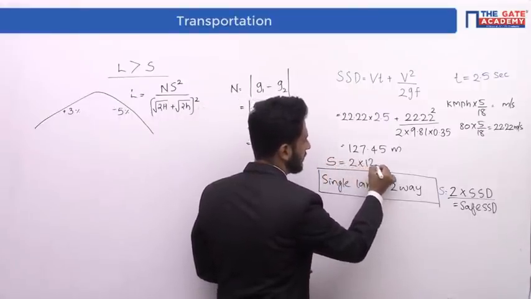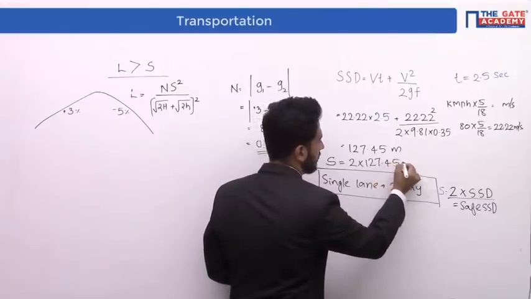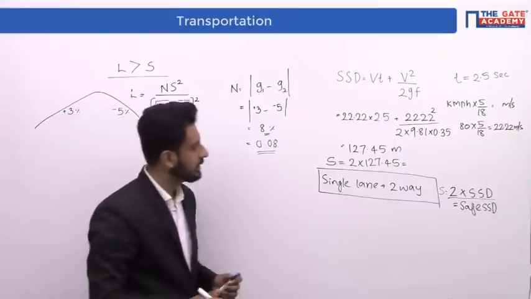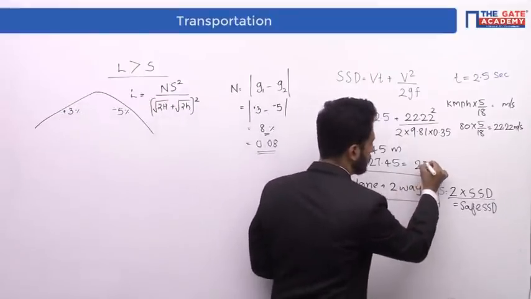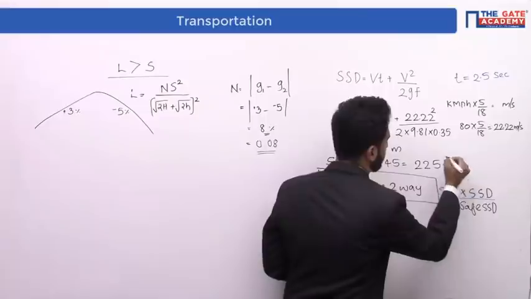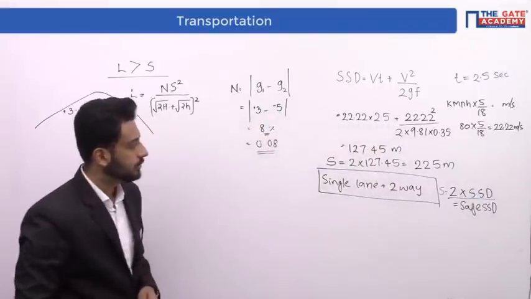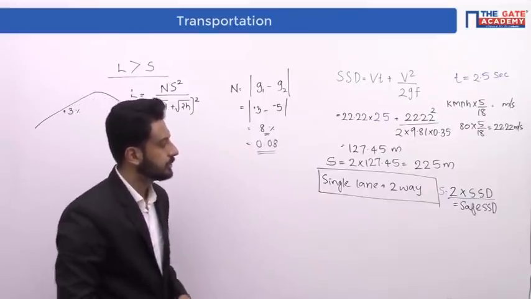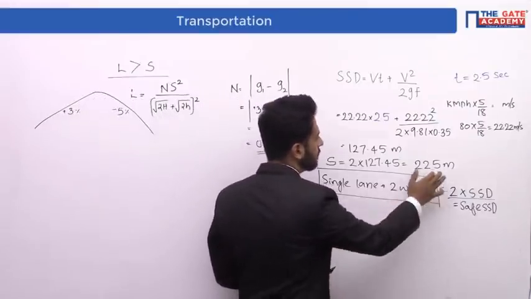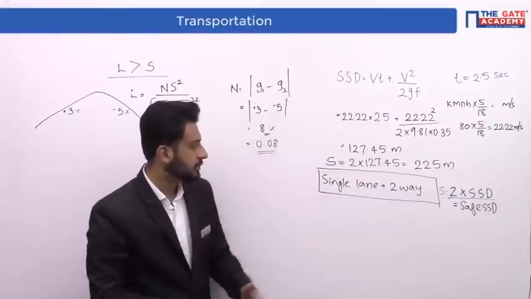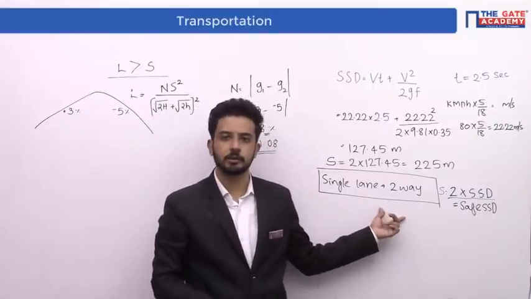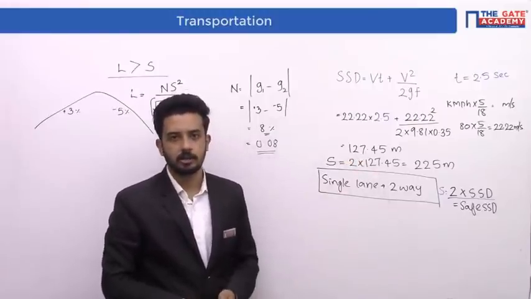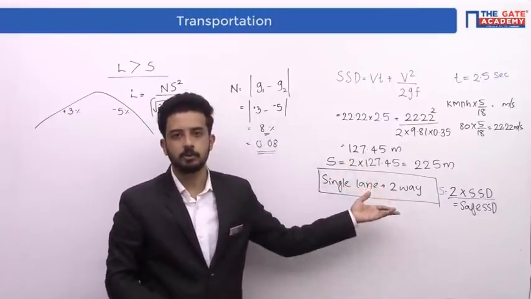The safe stopping sight distance will be 2 into 127.45. You will get approximately 225 meter. Correct? 224.9 meter you will get. Okay. So now I got the value of S. See, suppose it was not a single lane two-way, then the S value would be 127.45 only.